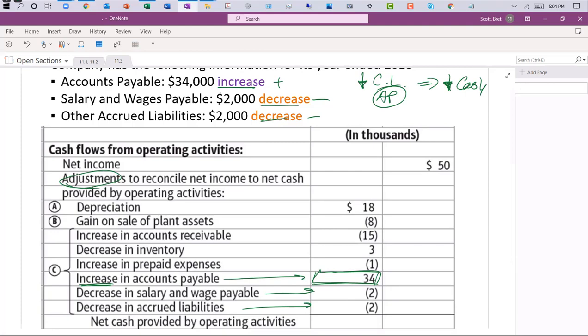Well, the rule says when you have an increase in current liability, plug in that number as a positive number. Think of a transaction in which that would make sense. That's how you can remember. Otherwise, just memorize the signs. Decreases are always going to be minuses. That's why I put those in as decreases. Again, there is logic behind this, but I don't want you to overthink this.